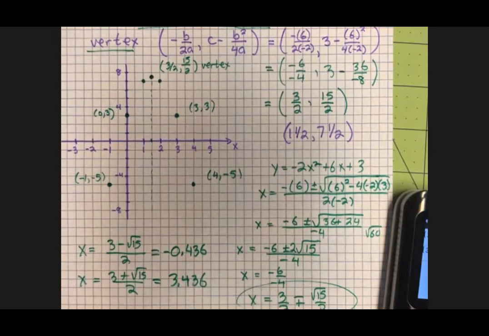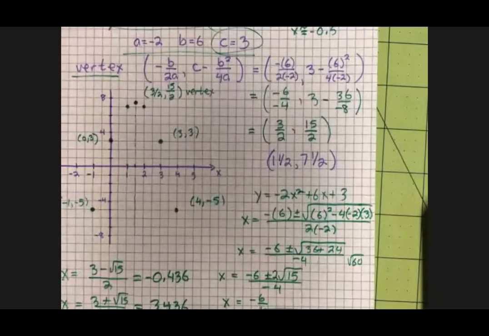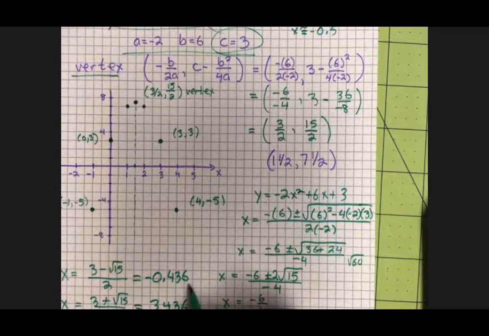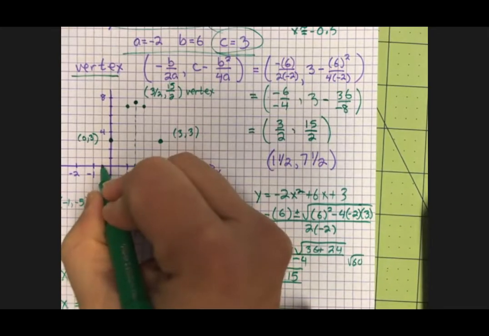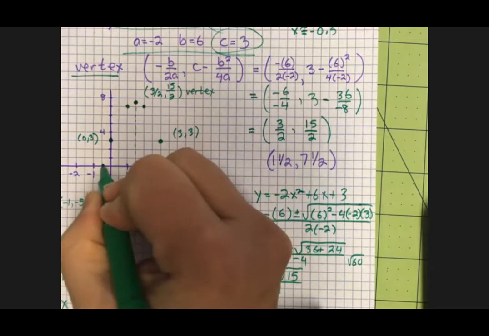3.436. What did I predict from my drawing? 3.5. That's pretty good. Now, can I mark my axes to the nearest thousandth? No, that's not likely. But I can put this dot just shy of 0.5 negative. You know, darn close to 0.5.